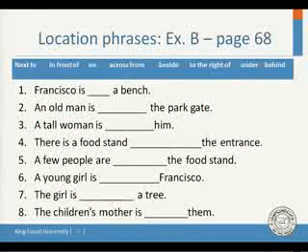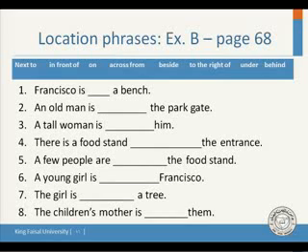Now let's do an exercise on location phrases. We have 1, 2, 3, 4, 5, 6, 7, 8 location phrases, and we have 8 sentences. Try to fill in the blanks with the words in the box. For example, number 1, Francisco is blank, a bench.